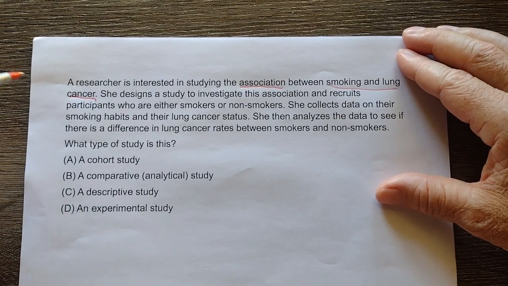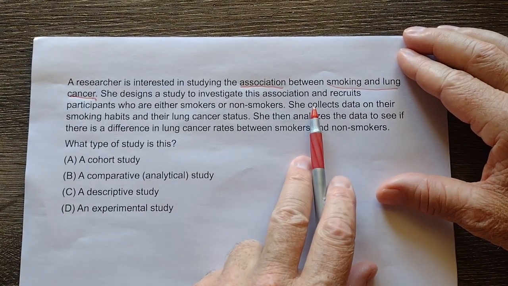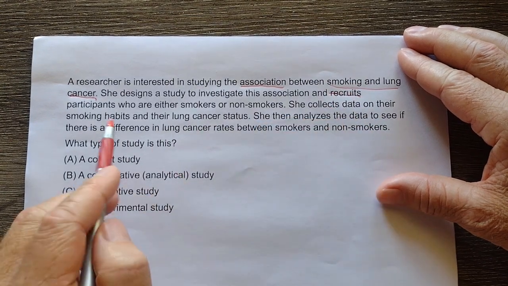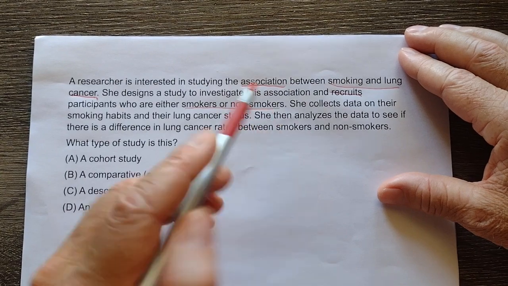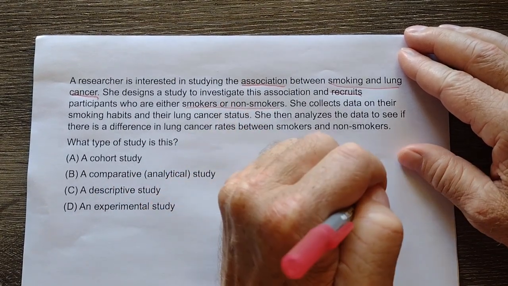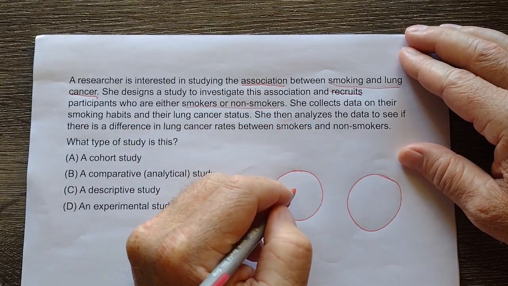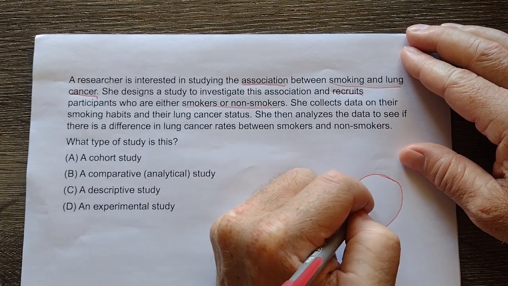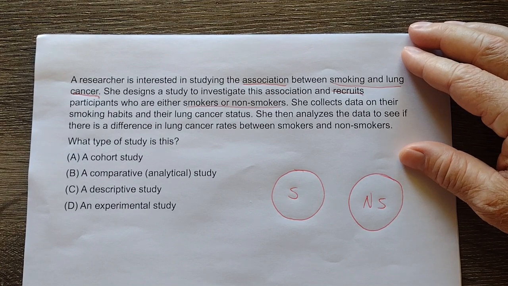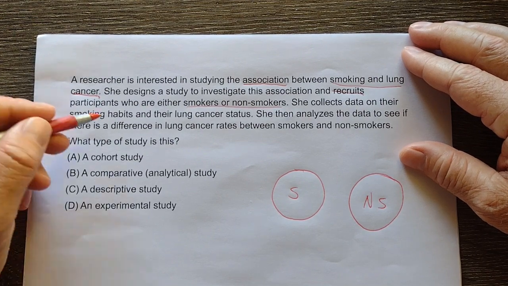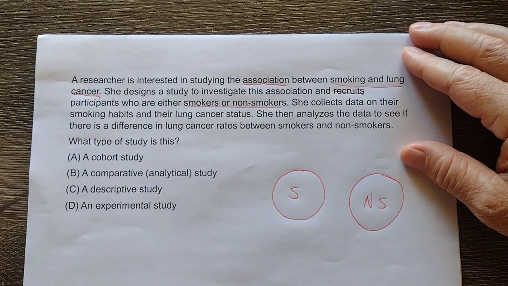She designs a study to investigate this association and recruits participants who are either smokers or non-smokers. So what that tells me is that she has 2 different groups, and there are smokers and then there are non-smokers. She collects data on their smoking habits and their lung cancer status.